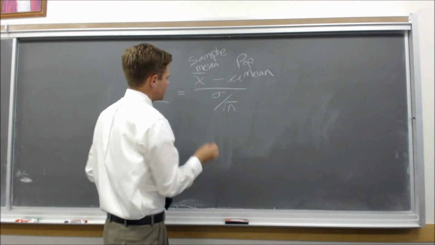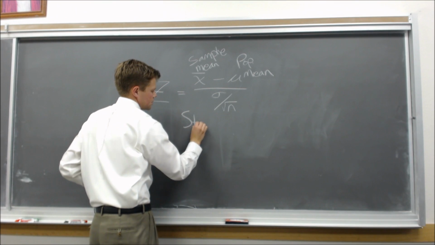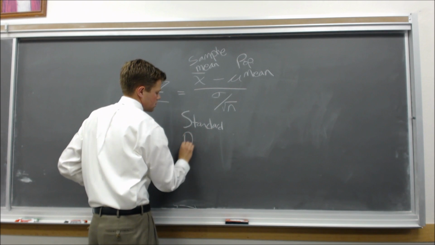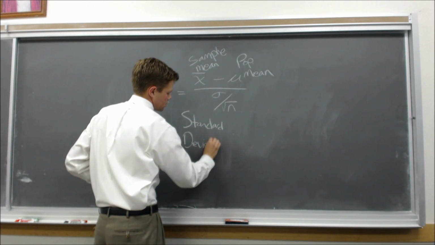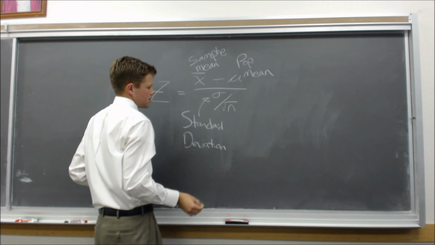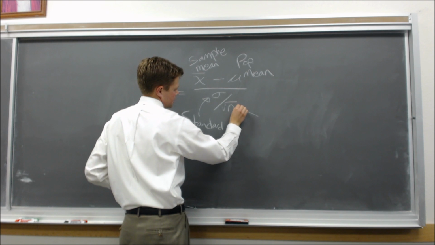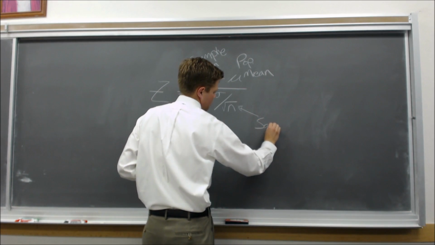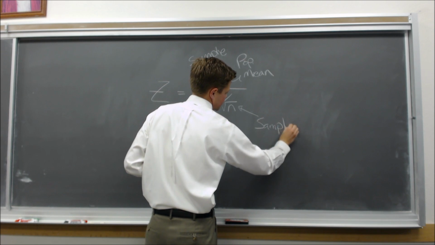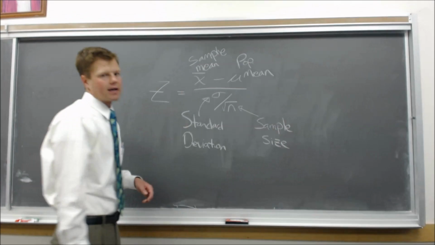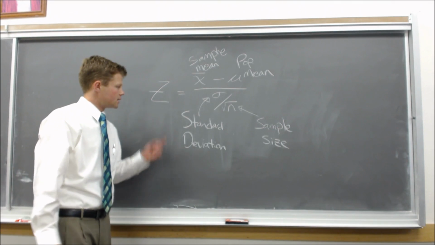This little sigma represents the standard deviation. It's the sigma. And the n is representative of the sample size.